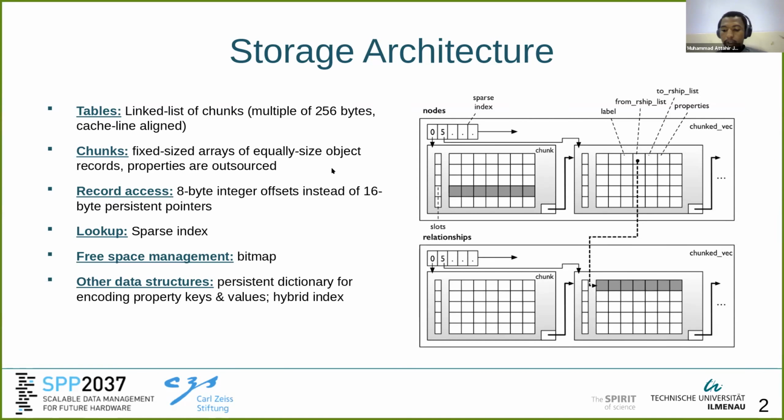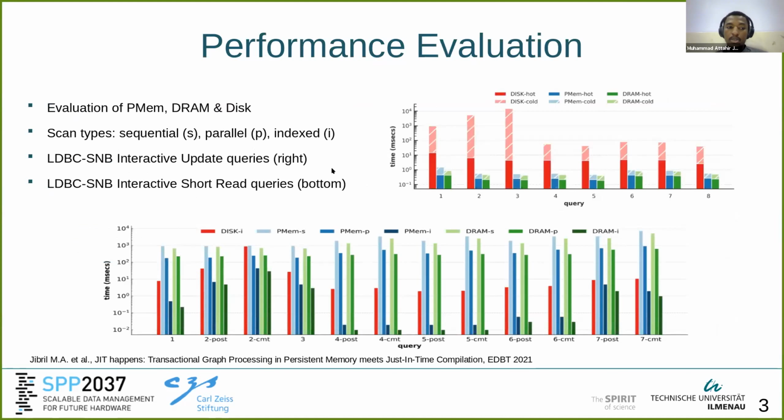And we've carried out some performance evaluation of our PMEM-based system, a DRAM version of our system, as well as a disk-based graph database. We considered different scan types, and as our query workload, we made use of the LDBC SNB interactive short read queries, as well as the interactive update queries.